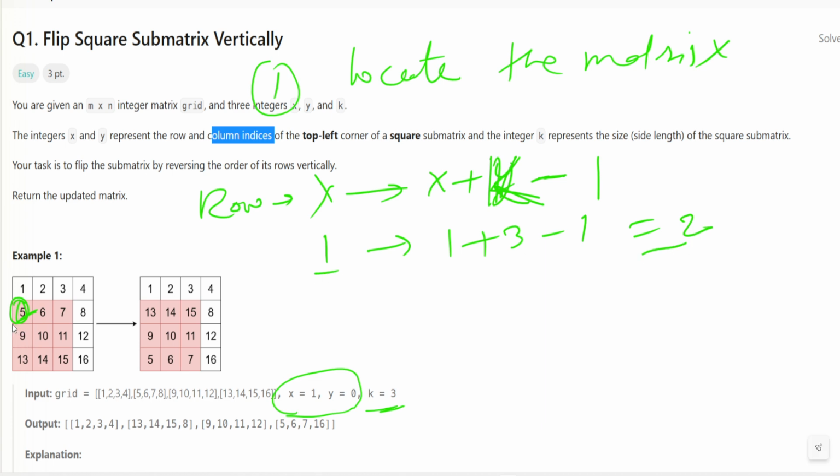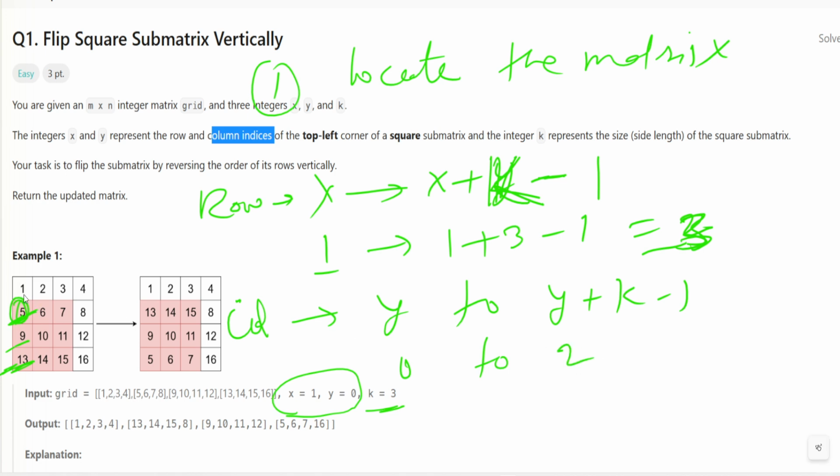Similarly, for the column, y goes from y to y plus k minus 1, so from 0 to k minus 1, which is 2.